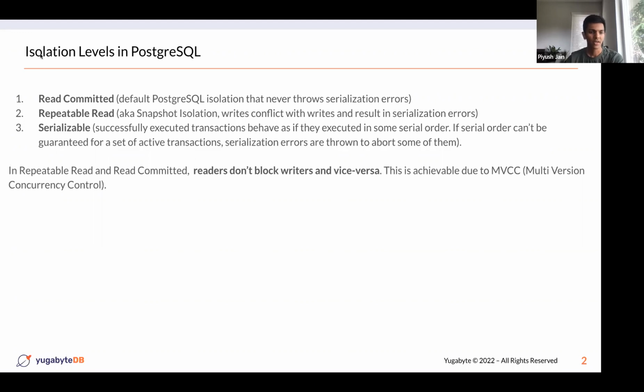What I've listed here is isolation levels in Postgres, and we have three of these here. I explained serializable. Let me use an example to drive home the point of what the cases are in which you can't serialize concurrent transactions.